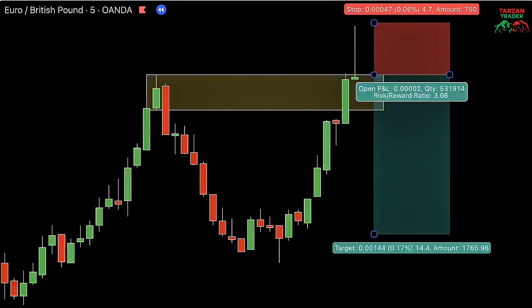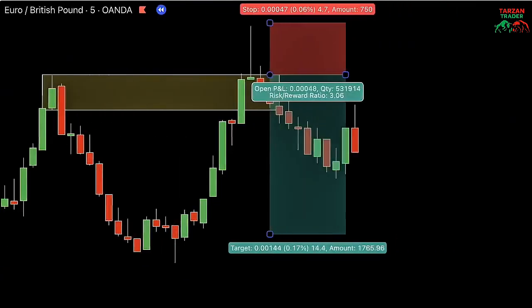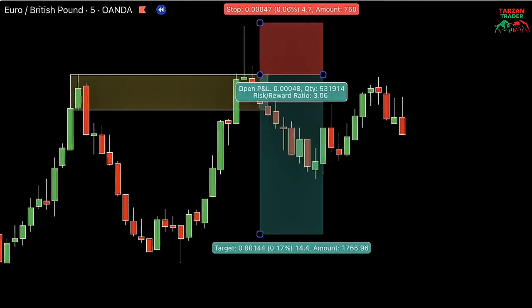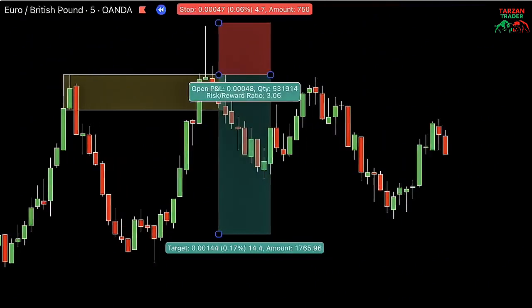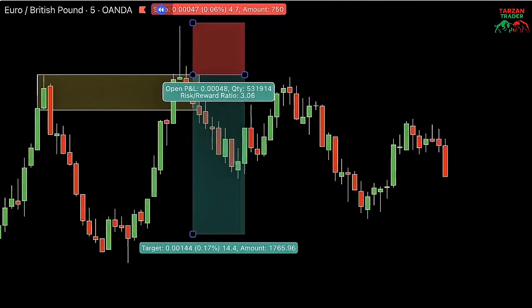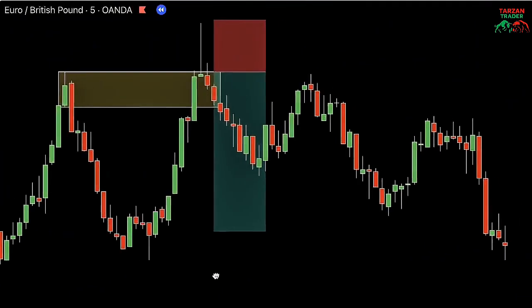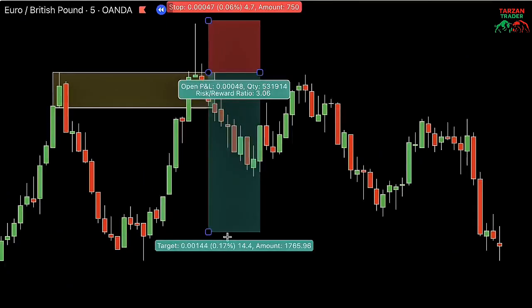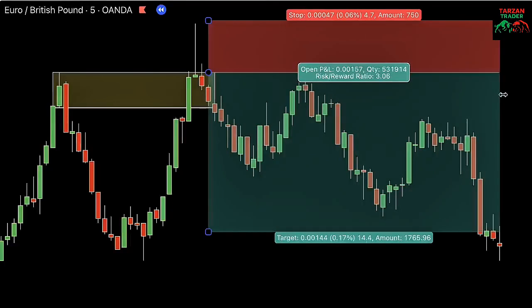The trade will either reach the target or hit the stop loss, making this strategy straightforward and stress-free. As shown here, by applying these rules, the market reached the target directly.